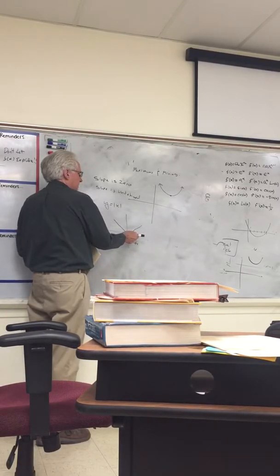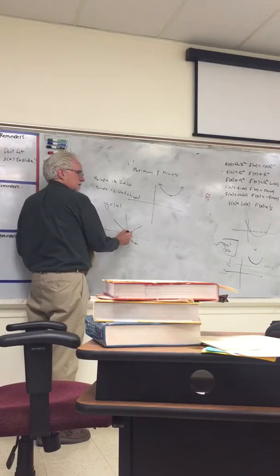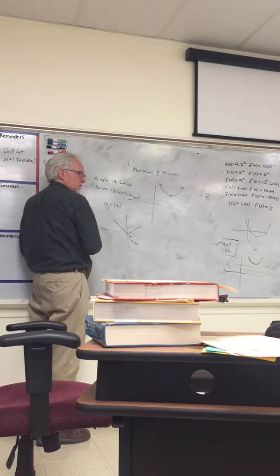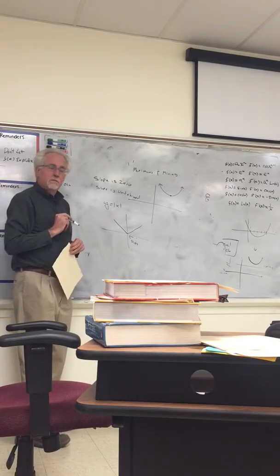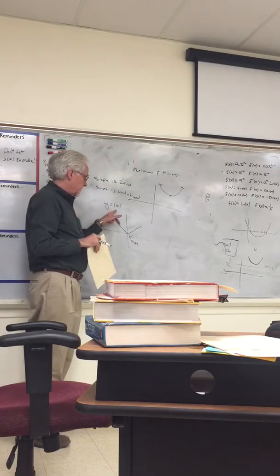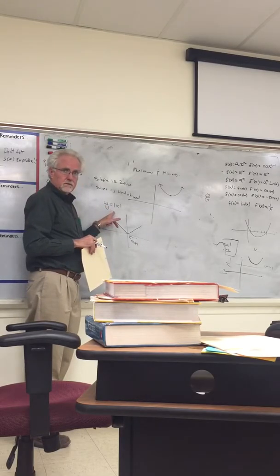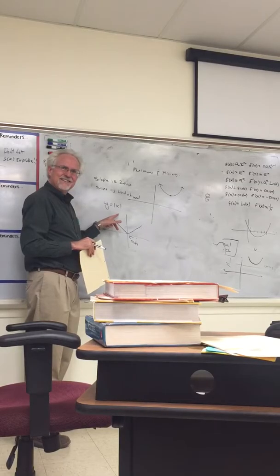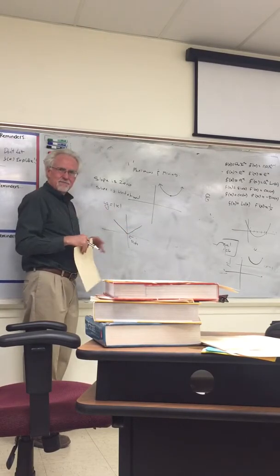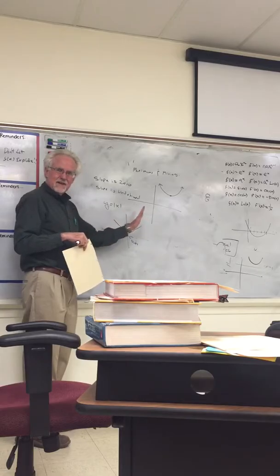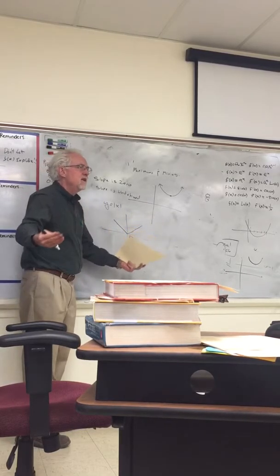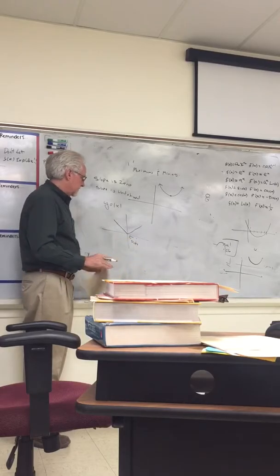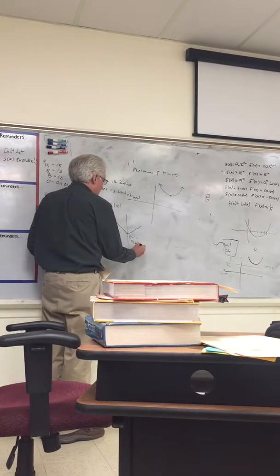What is the slope of y equals the absolute value of x on this side? Can you take a shot at it? I'm looking for a number. 1. Slope equals 1.